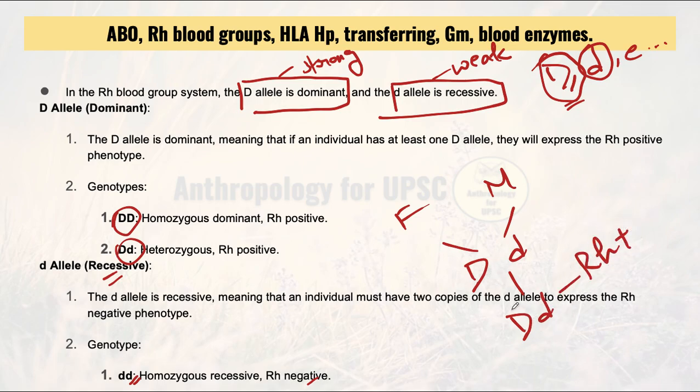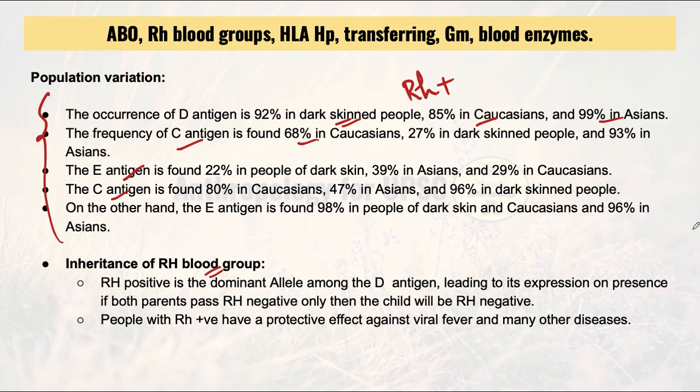Because ये capital D आ रहा है यहाँ पे, it will reimpose itself. Now suppose in the other case, from the father also the child is getting d, from the mother also the child is getting d. In this case the blood group will be dd, which is Rh negative. अब चीज़ें क्लियर है कि अगर एक भी capital D आ रहा है in inheritance pattern, then it will be Rh positive.